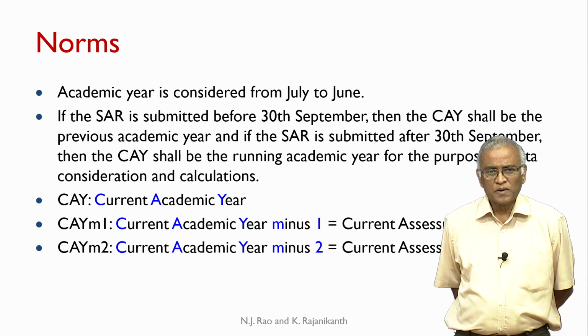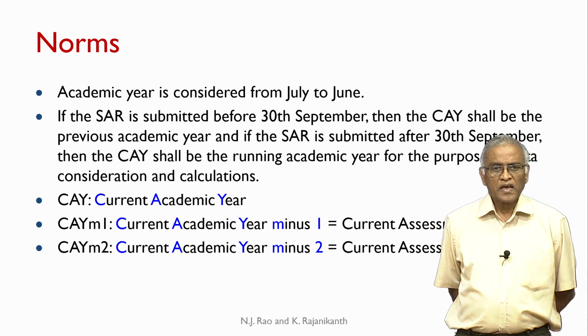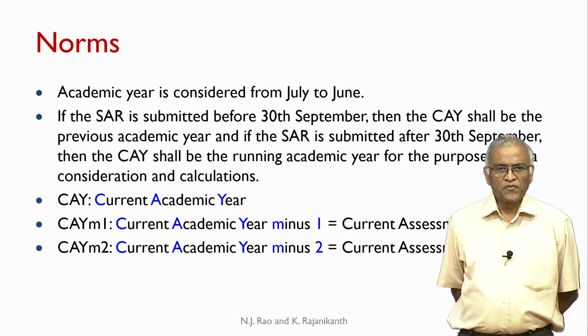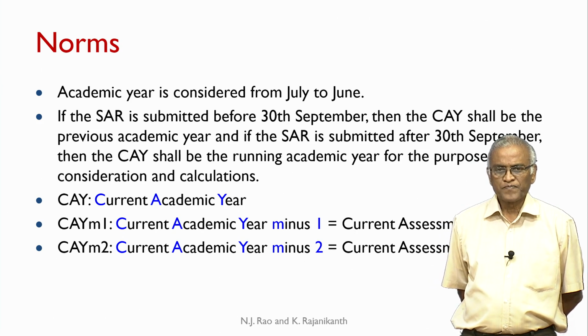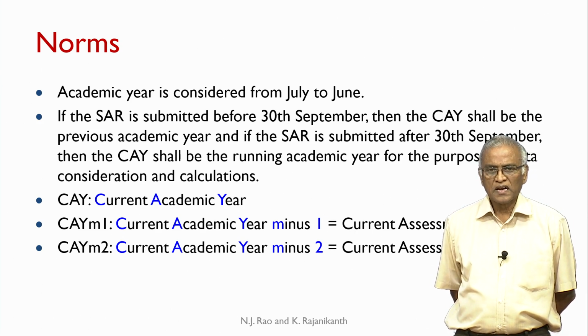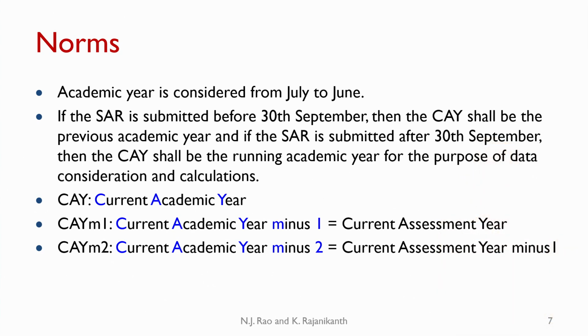Now, there are some norms that are specified by NBA itself. Academic year is considered from July to June. If SAR is submitted before 30th September, then CAY, current academic year, shall be the previous academic year, and if SAR is submitted after 30th September, then the CAY shall be the running academic year, for the purpose of data consideration and calculations.